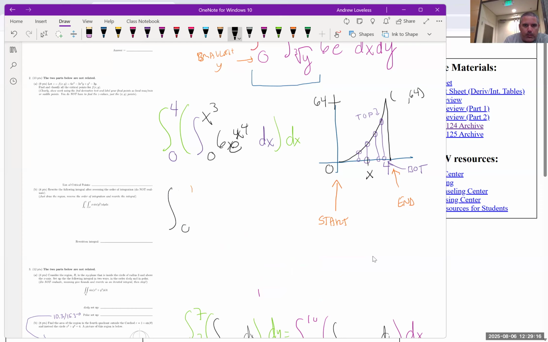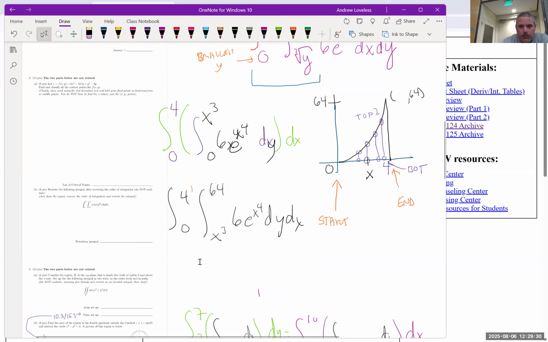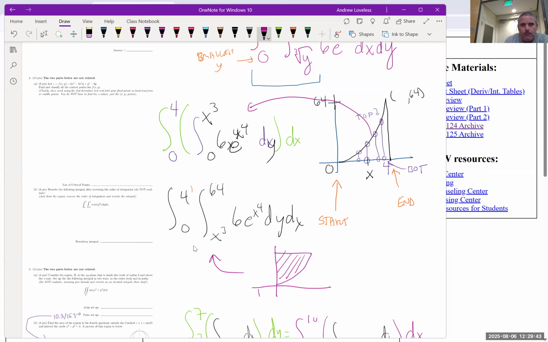Sometimes it's helpful to do the following. If it had been x cubed to 64, that's a different region. That would be this region, and this is this region.